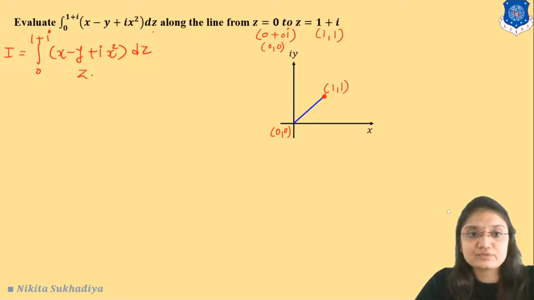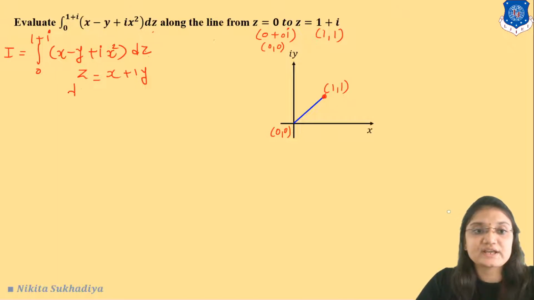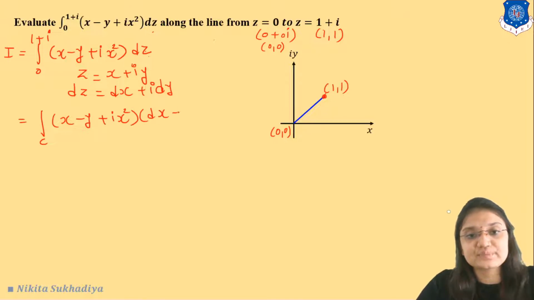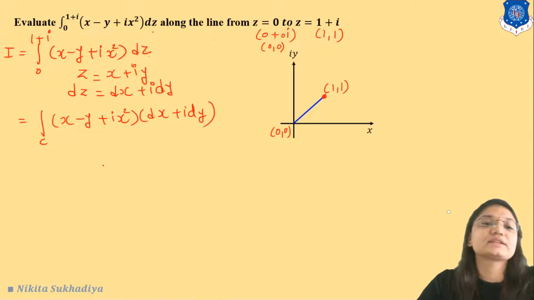For that we have to take z equal to x plus iy. By taking the derivative on both sides we get dz equal to dx plus i dy. By putting dz equal to dx plus i dy, you will get this term like this.